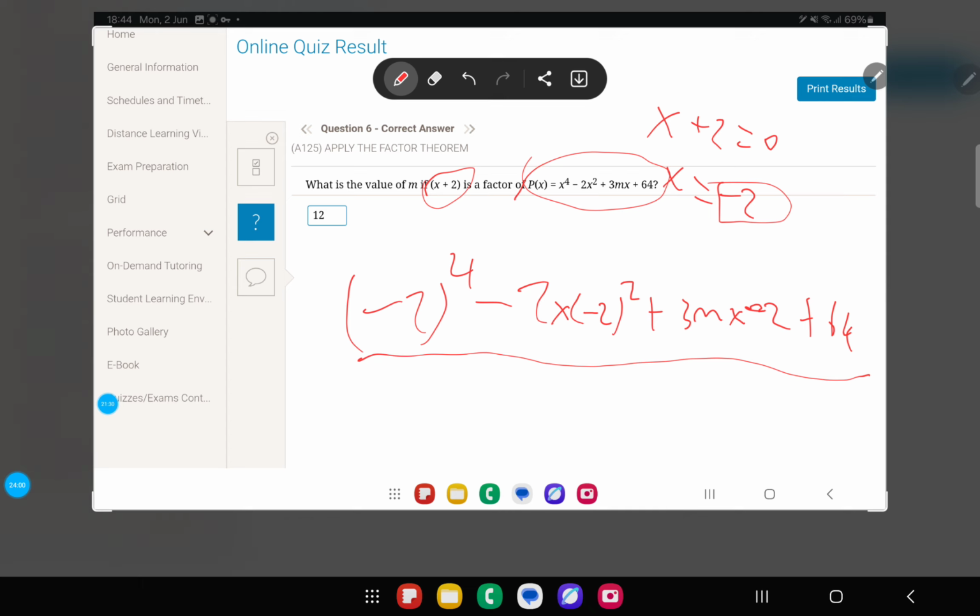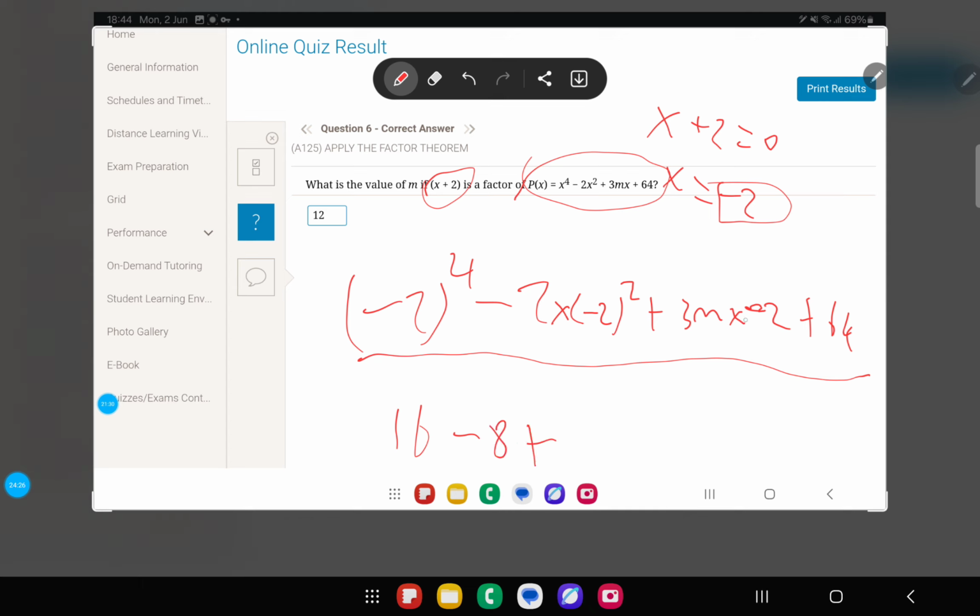Negative 2 to the power of 4. Okay? It's going to be 2 to the power of 4. It's going to be 16. You cancel a negative. Minus negative 2 times negative 2 squared. We can put negative 2 squared as 4. So negative 2 times 4 is going to be negative 8, of course.